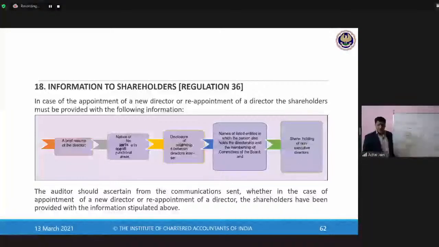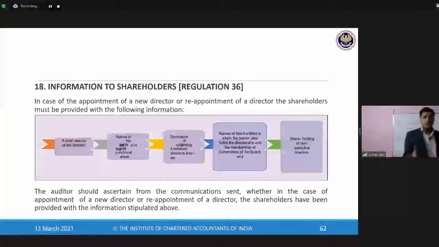Now, many a times when you see this communication, it's one, available in the public domain. So it's available on the website of the company. Secondly, these are also required to be reported to regulatory authorities, to the stock exchange, etc. So that's why these are very much available in the public domain.